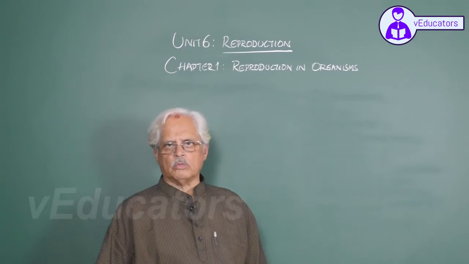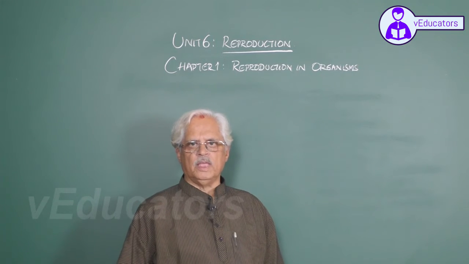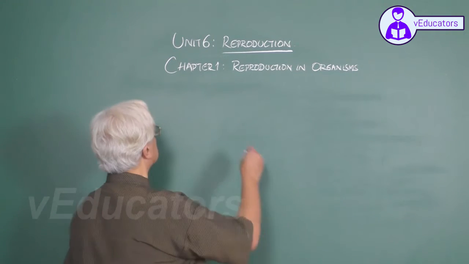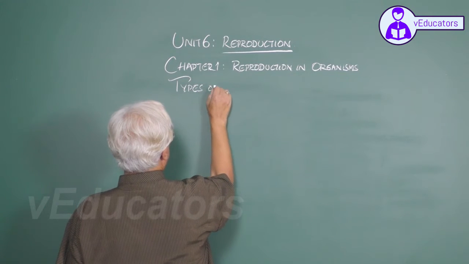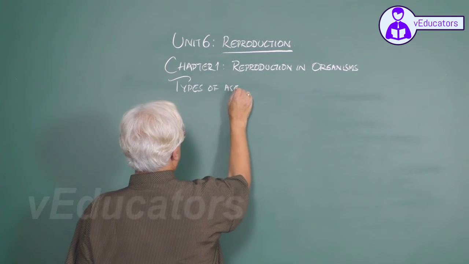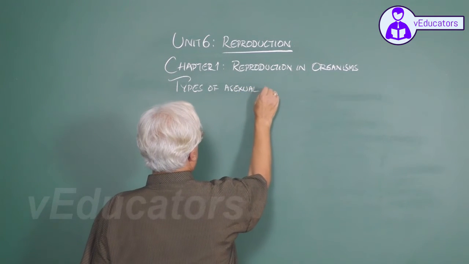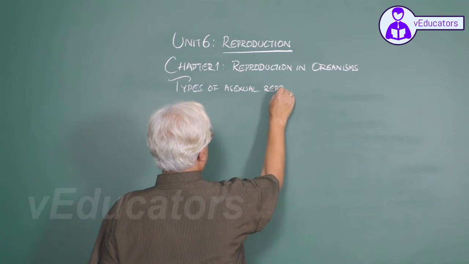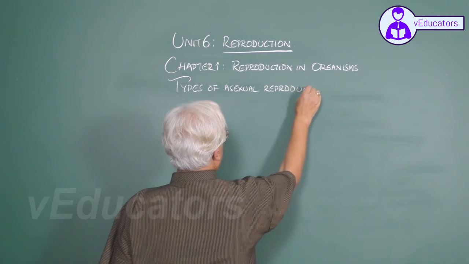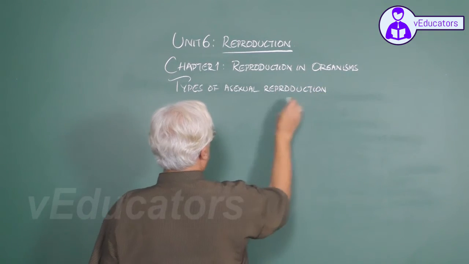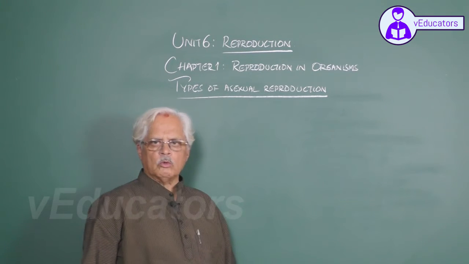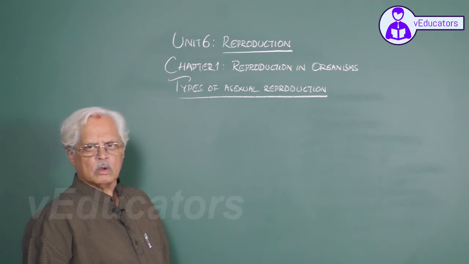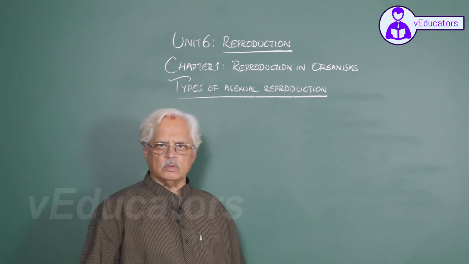We will now move on to the types of asexual reproduction. There are no special cells formed here, and only one parent organism is sufficient.